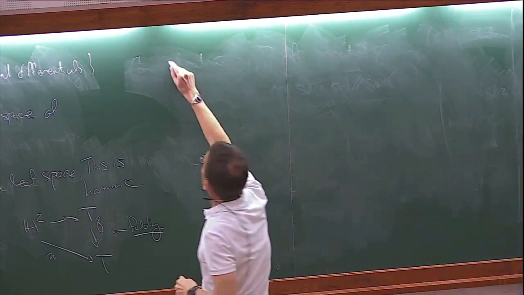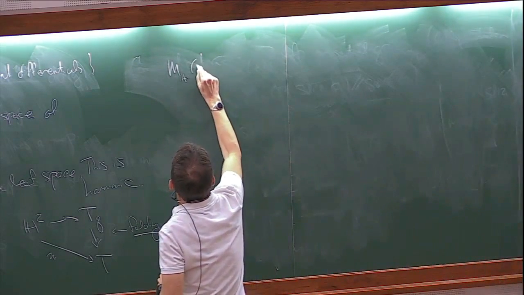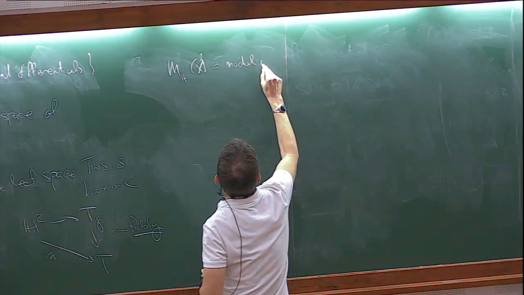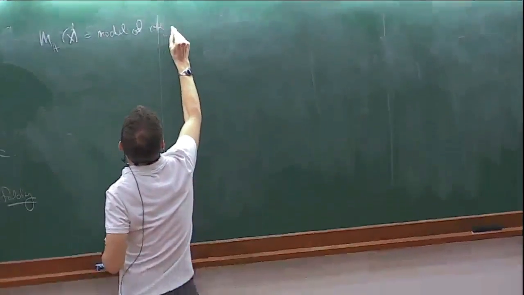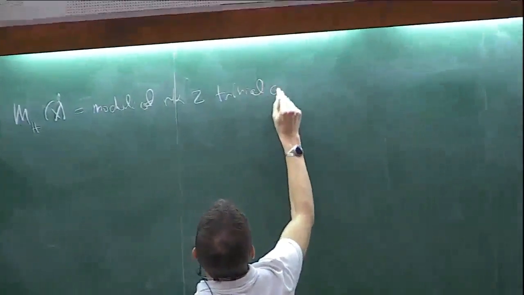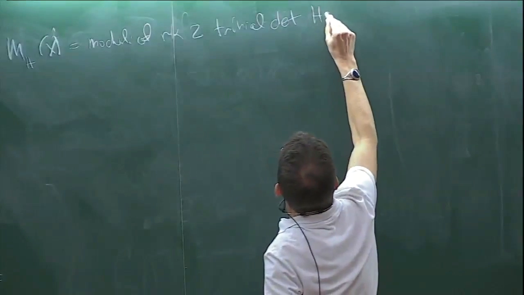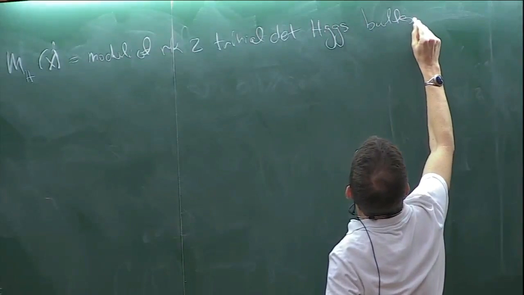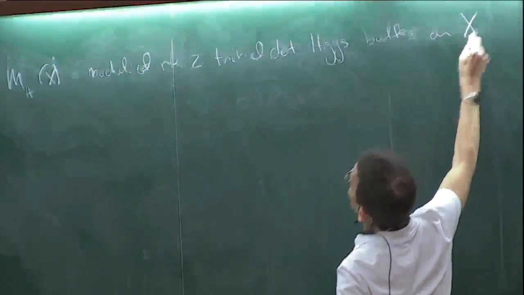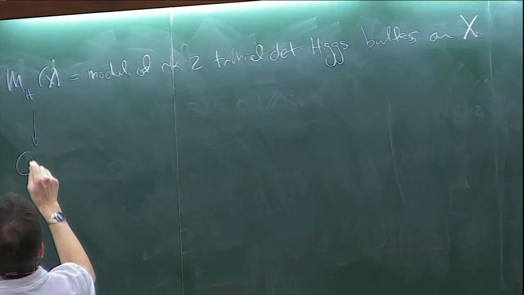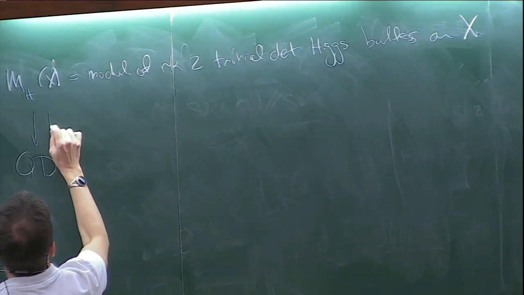So let's let MH of X be the moduli of rank 2 trivial determinant Higgs bundles on X. And so here I have the Hitchin map to the space of quadratic differentials.